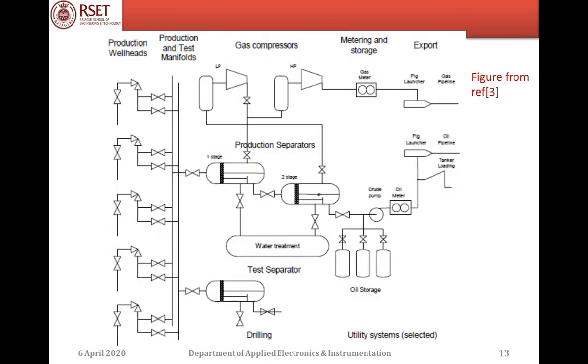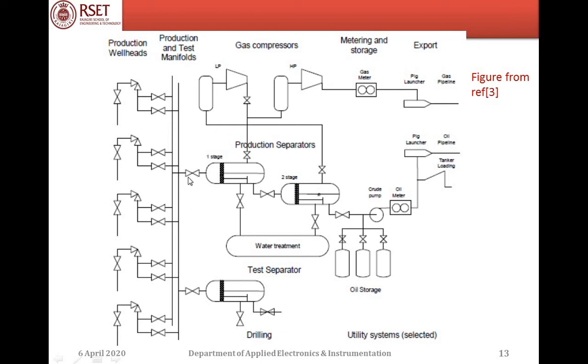Now we are coming to the concluding part, the process of LNG compressing. As recalled from the previous classes, we have two manifolds, production and test manifolds, as well as injection manifolds. Some of these wells will be injection wells, which will be injecting water downwards.